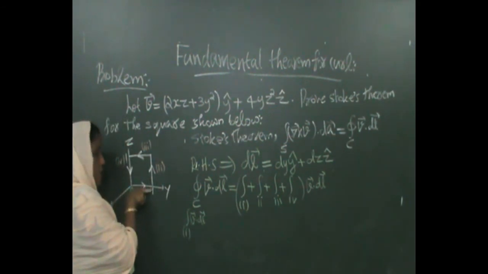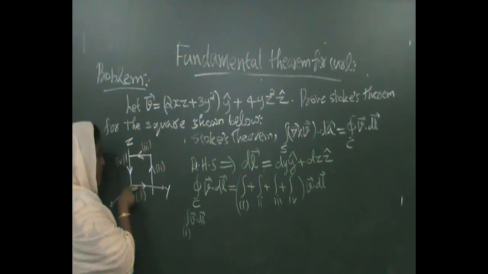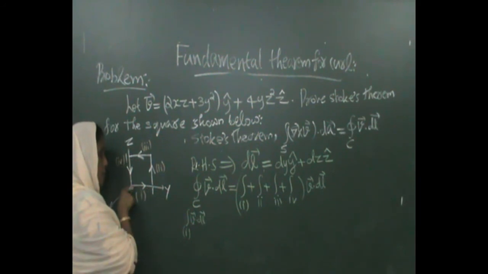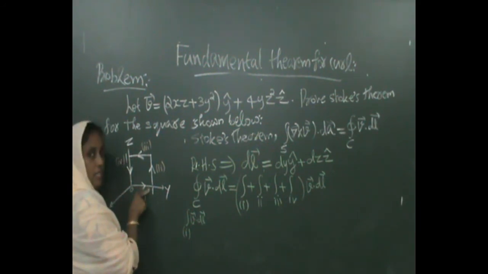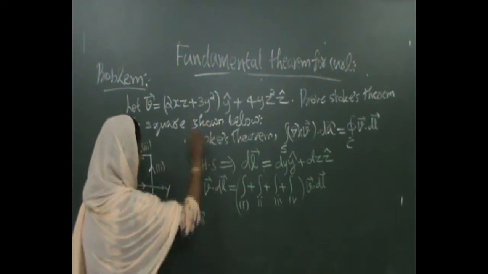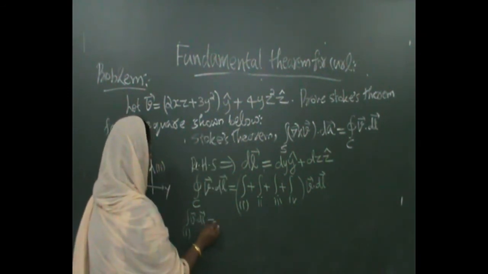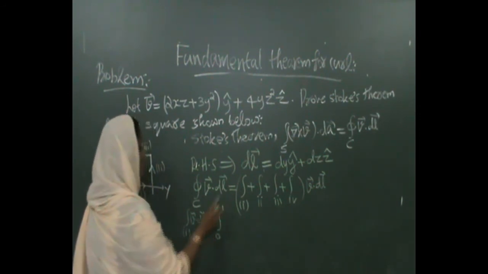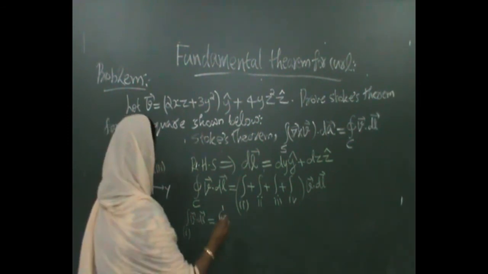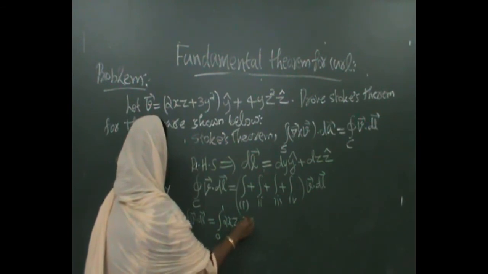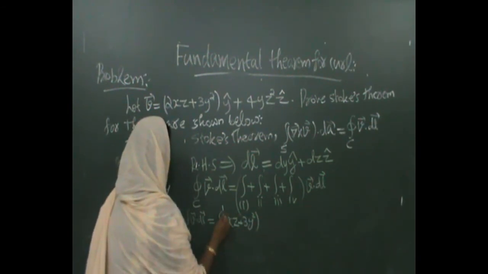This is along the y direction. So here x equal to 0. The only varying parameter is y. That means dl equal to dy y cap. So we can take V dot dl with y cap. So you have here integration over dy from 0 to 1 of 2xz plus 3y square dy.